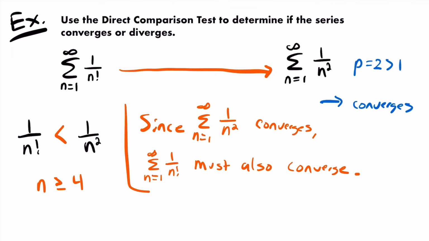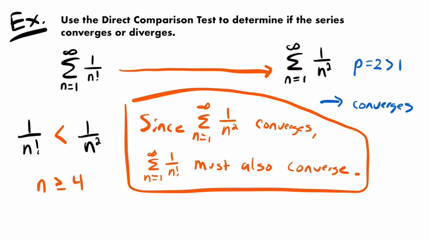All right, and so that is the final solution to this example. We have determined that this series converges because we compared it to a bigger series that converges itself.